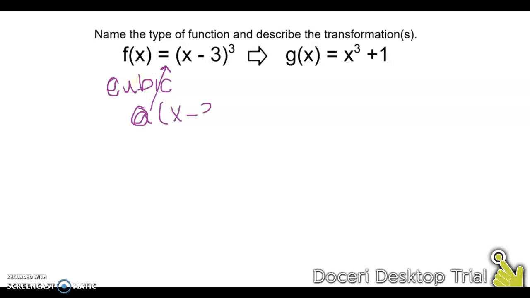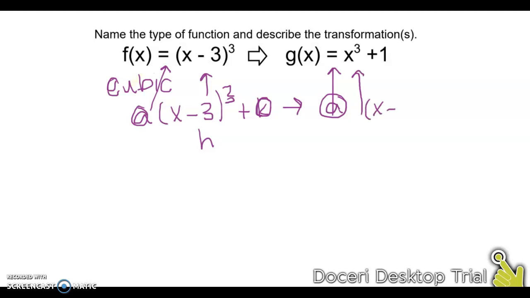X minus 3, this is included in, so that's our h, cubed, plus k. And we don't have anything there, so it's a 0. And we are moving that to the function g of x, where our a is 0. Do we have anything in our parentheses? No. So it's nothing. That's our h. But our k is moved by 1.